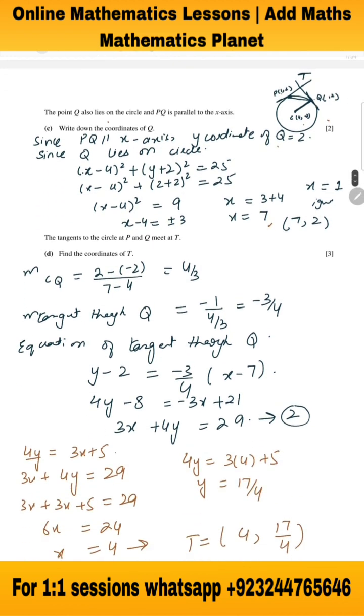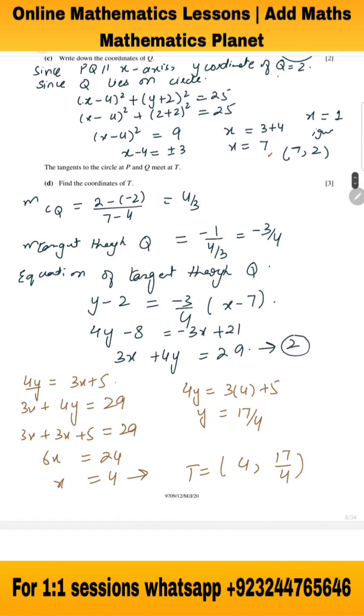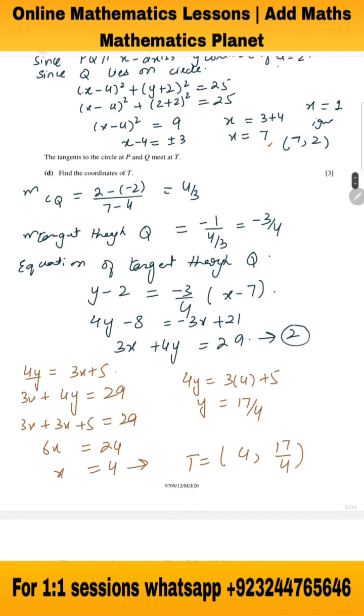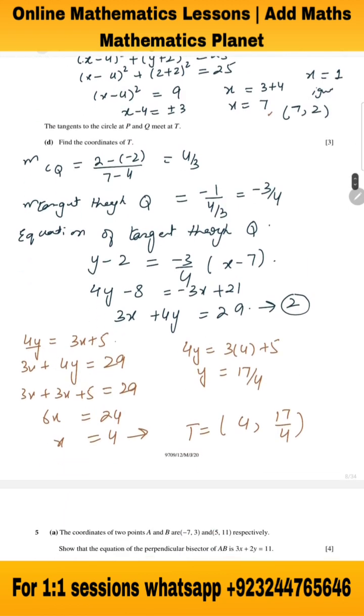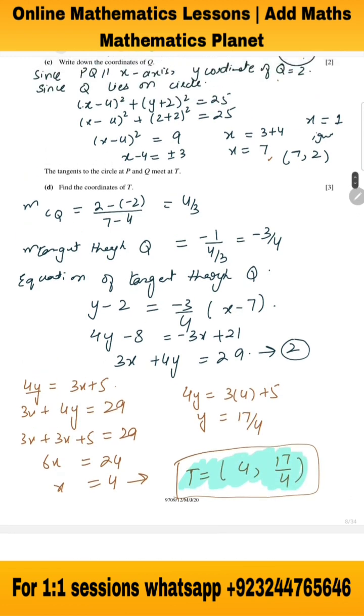Now we have to find the coordinates of T, and T is the intersection of the tangents at both P and Q. So the tangent at P and the tangent at Q will be equal to each other at T. So substituting in one another, we will get the coordinates of T, that is 4 and 17 by 4. So alhamdulillah, we have done with it. Hope you can understand it. If you have any problem, you can just write it in the comment section.